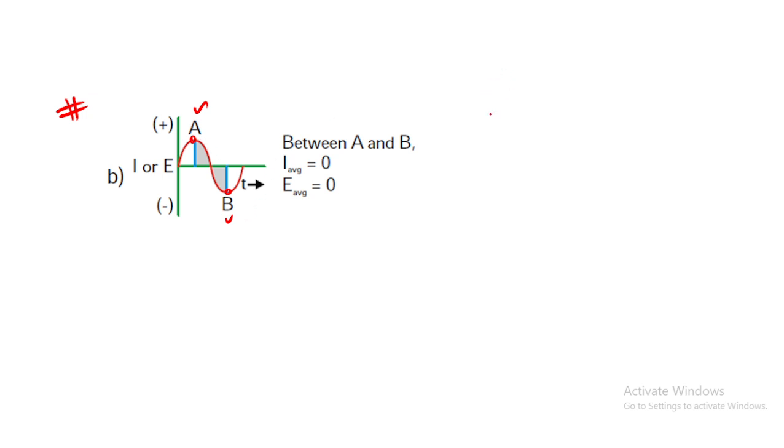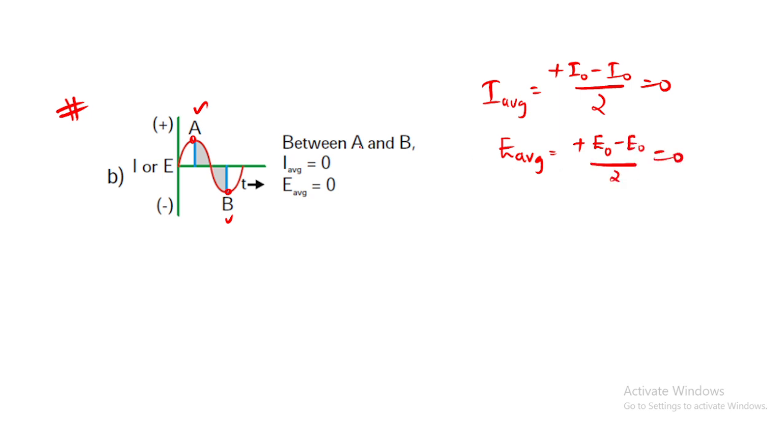If I take I average, at A the maximum was I naught, and downside minus I naught divided by 2. So the total answer will be 0. Clear? And similarly, E average is the same thing: plus E naught minus E naught divided by 2. So the average value between A and B will become 0 like this. Maximum to maximum also 0 only.